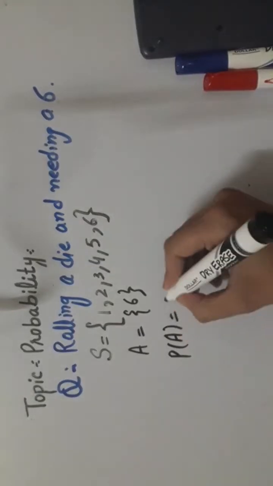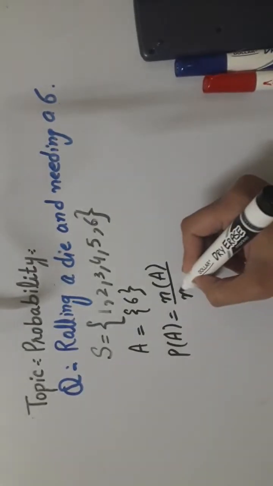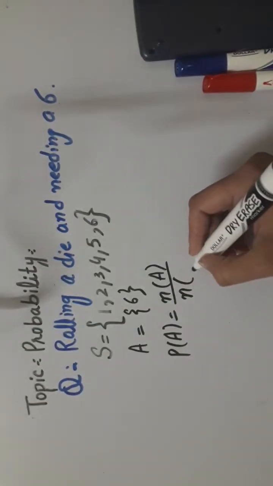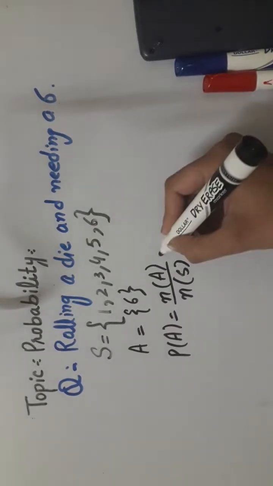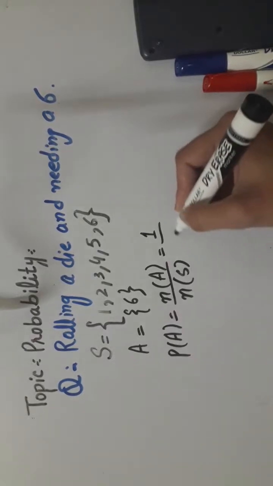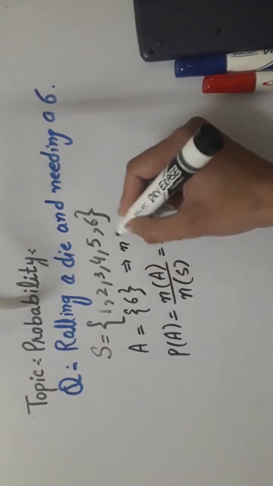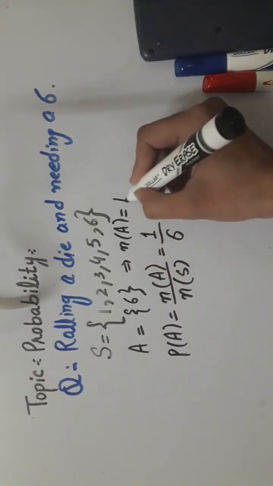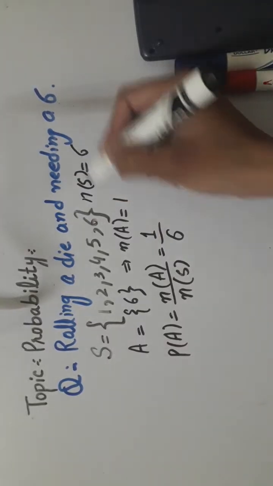Now the probability of A will be equal to the number of elements present divided by n of S. So the probability will be 1 by 6, because n of A is equal to 1 and n of S is equal to 6.